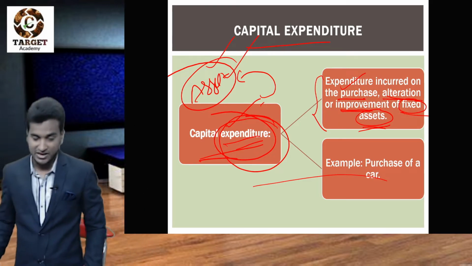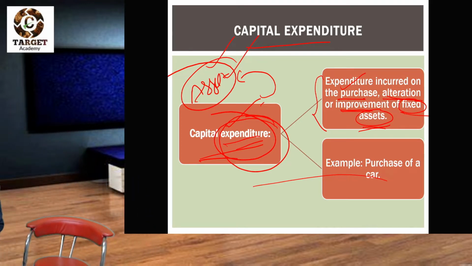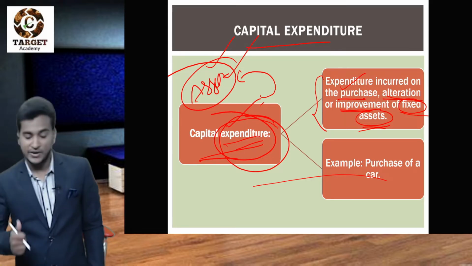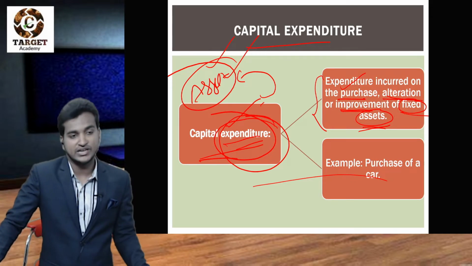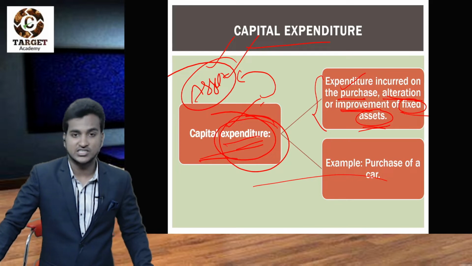So let me revise this concept. Capital expenditure means expenditure incurred on purchase of fixed asset, expenditure incurred on improvement of fixed asset, expenditure incurred on alteration of fixed asset.